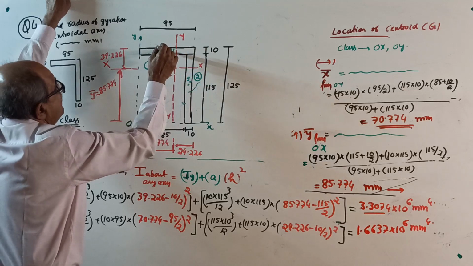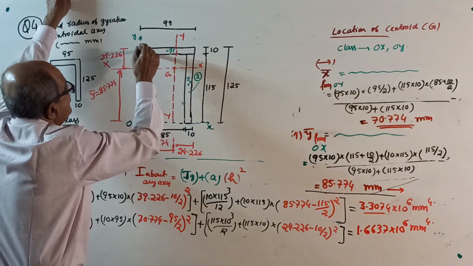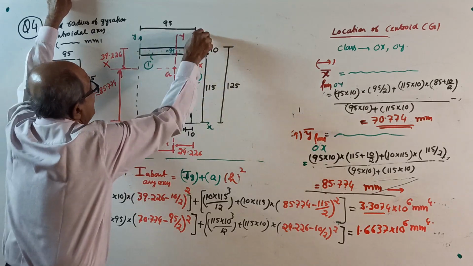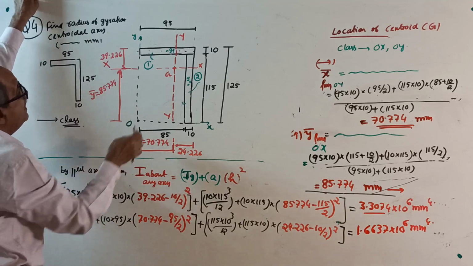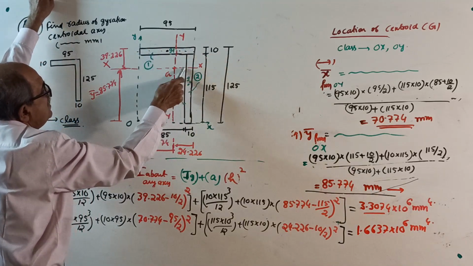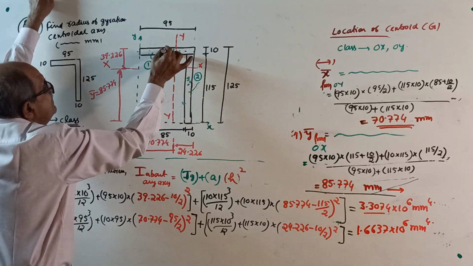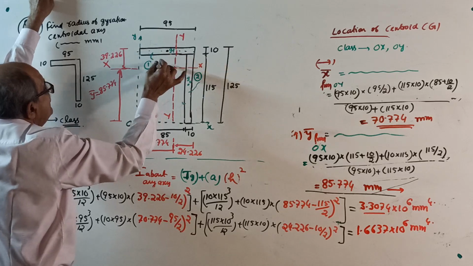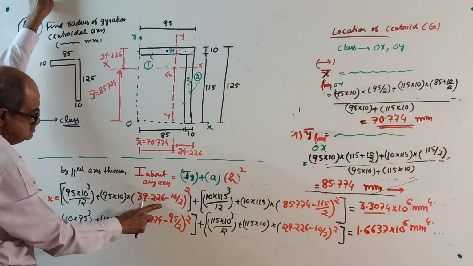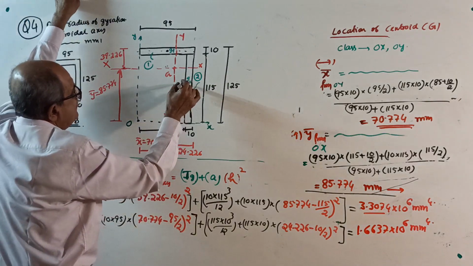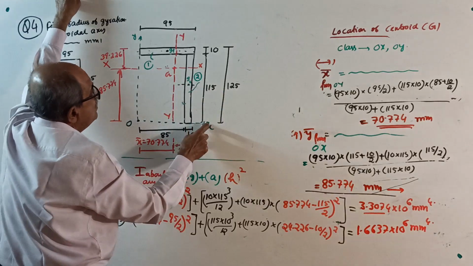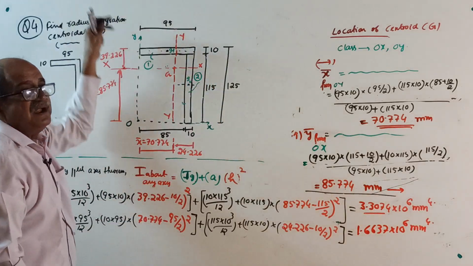Ixx. I about its own centroidal axis parallel to XX: 95 into 10 cube by 12, plus 95 into 10 is the area, into the distance from centroid to XX squared, that is 39.226 minus 10 by 2 whole square. For this rectangle, first I about its own axis: 10 into 115 cube by 12.